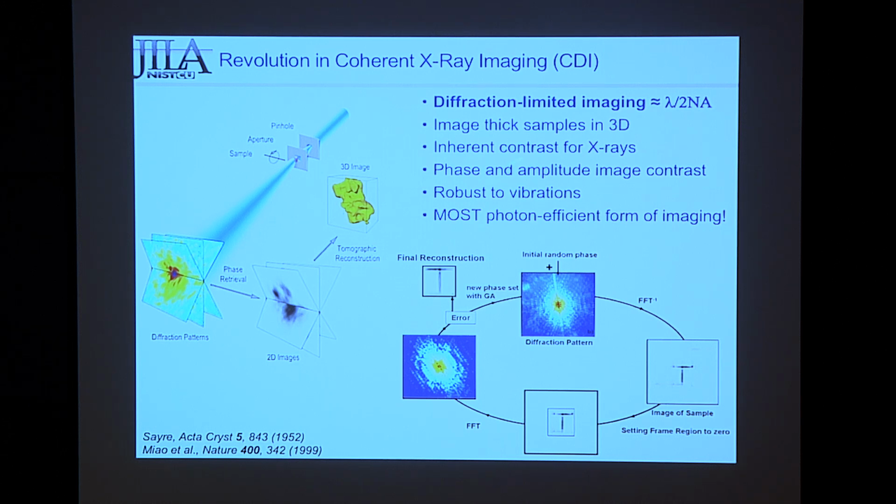You get phase and amplitude image contrast, very robust to vibrations because the CCD pixels might be 13 microns, and you just have to have your microscope stable to microns, but you can still image at nanometer scales. And it is the most photon efficient form of imaging, which is important for X-rays. X-ray damage often limits the spatial resolution you can get. If you don't waste any photons, you can push the resolution limit.